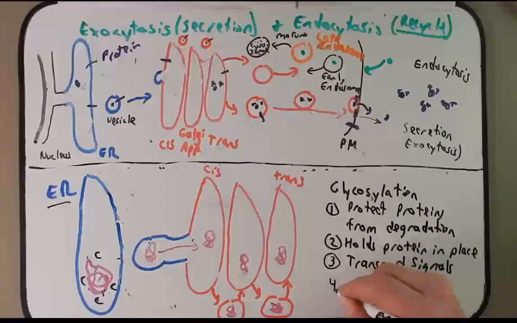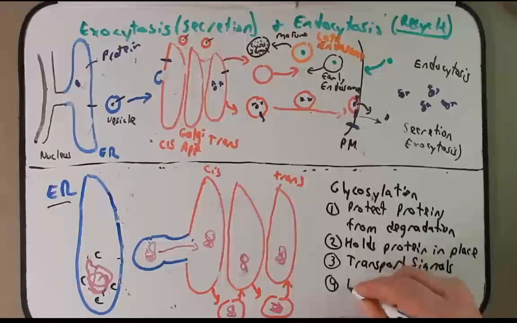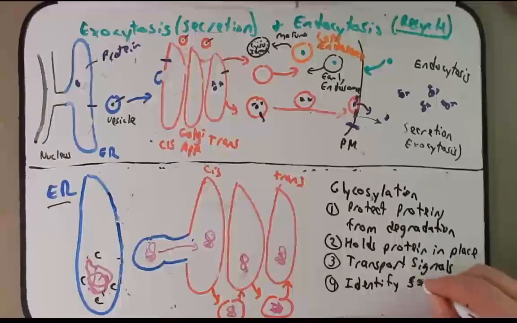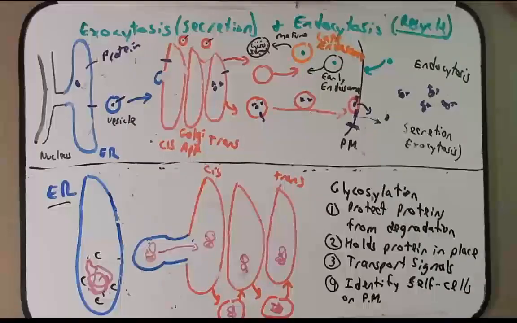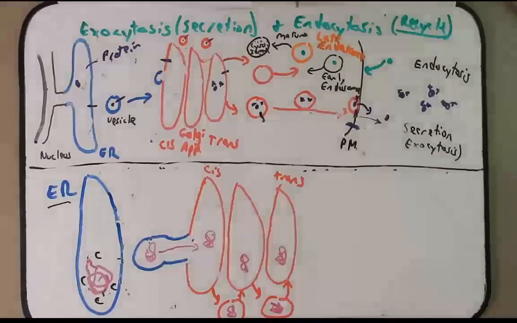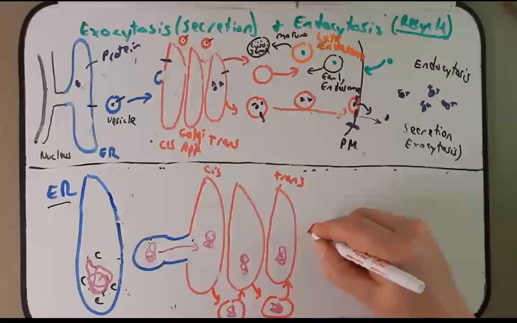And we mentioned this last one before, but they identify self cells on the plasma membrane. So if they reach the plasma membrane, these glycosylated proteins may tell the immune system that these are our cells. Don't kill these cells.